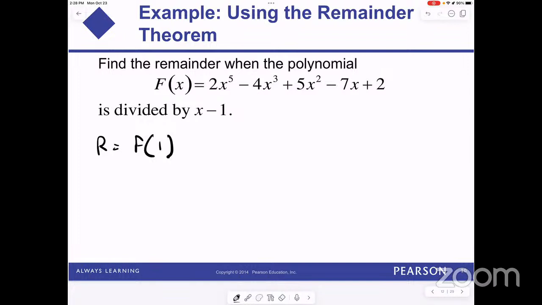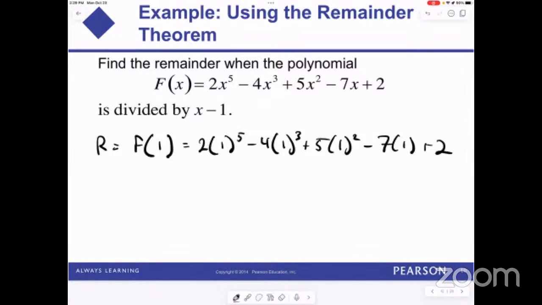Okay. So if we evaluate this when x is 1, we're going to have 2 times 1 to the 5th minus 4 times 1 to the 3rd plus 5 times 1 squared minus 7 times 1 plus 2. That's going to be 2 minus 4 plus 5 minus 7 plus 2. Let me see, 4 minus 4.